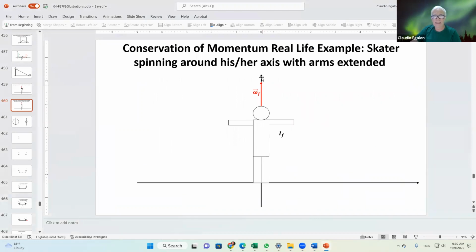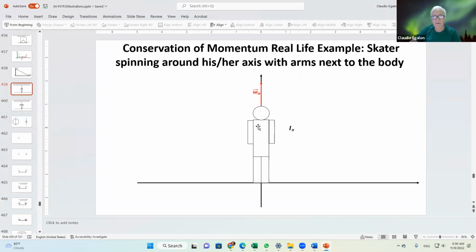So see that the axis of rotation is about the center, the longitudinal axis of the body, right? And the distance of the arm is greater here than the distance here, right? The mass of the skater doesn't change, but the mass distribution has changed.